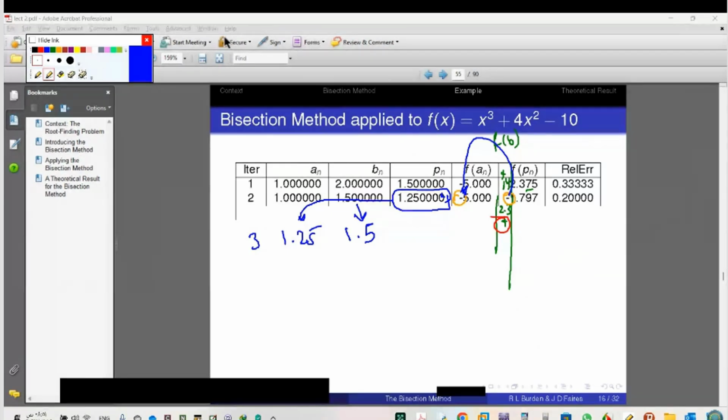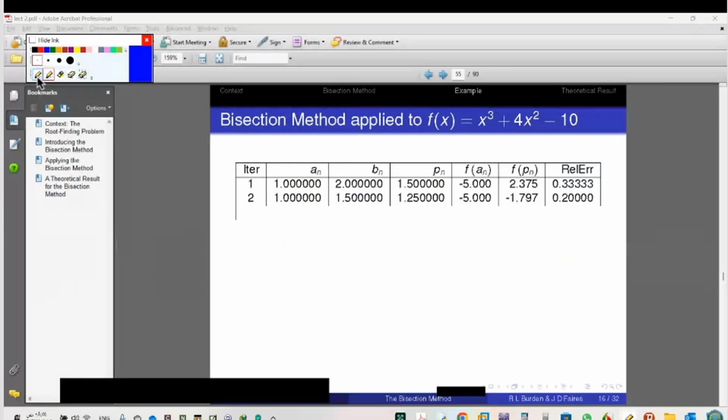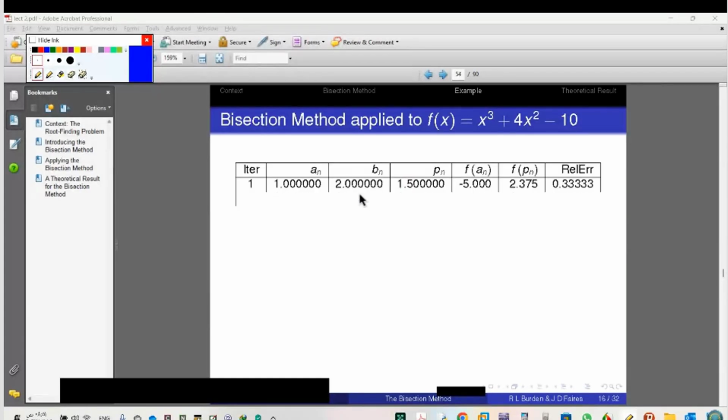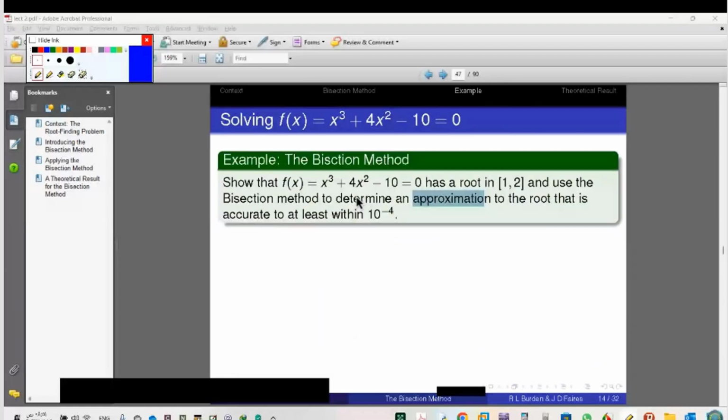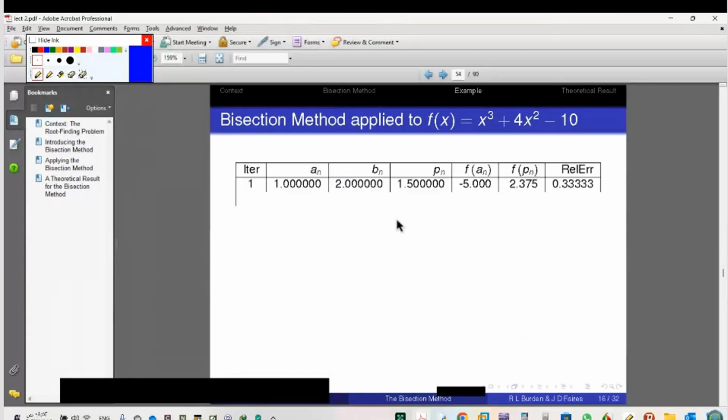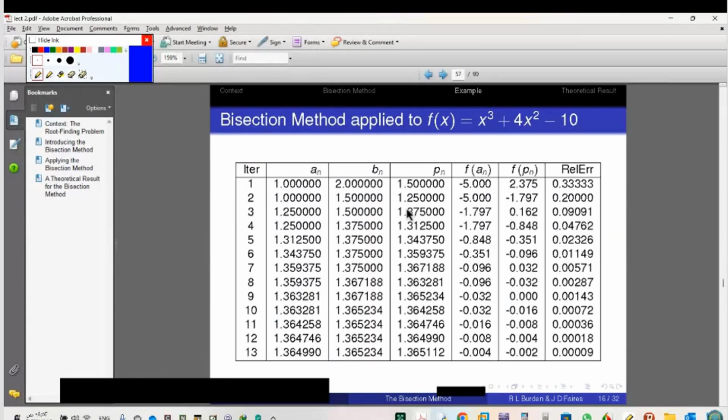And you have to continue. Where do I stop? He told me in the question, I need error 10 exponential minus 4. See this 10 exponential minus 4, that means I need 1, 2, 3, 4 zeros.